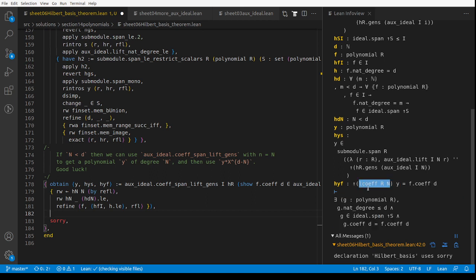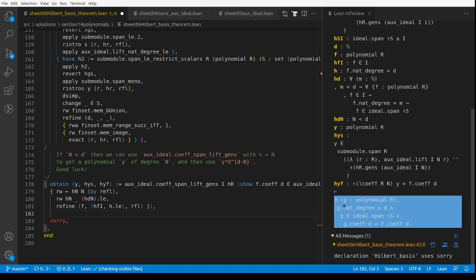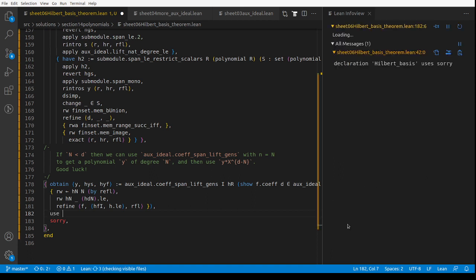And this is problematic because it's the coefficient of x to the n. And so I need to define g, so I need to use y times x to the n minus d. Sorry, d minus n, right?